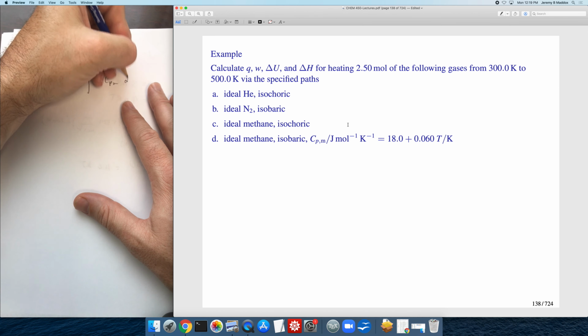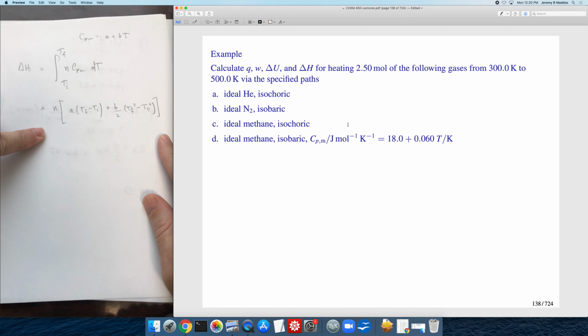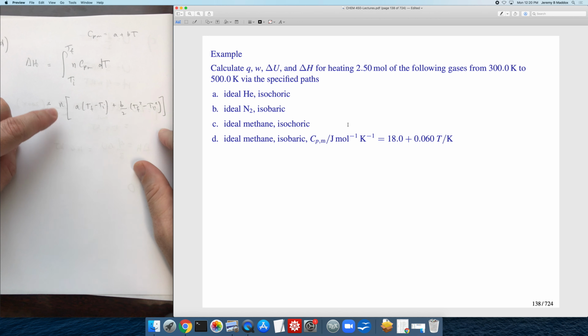I'm just going to call it A plus B times T, where A is 18 and B is 0.06. When you do the integration, you'll get A times (TF minus TI) plus B over 2 times (TF squared minus TI squared). And then you have to evaluate that. That's a bit more detail than I wanted to go into here, but I'll let you work that as an exercise. So that's how you would do the delta H calculation.